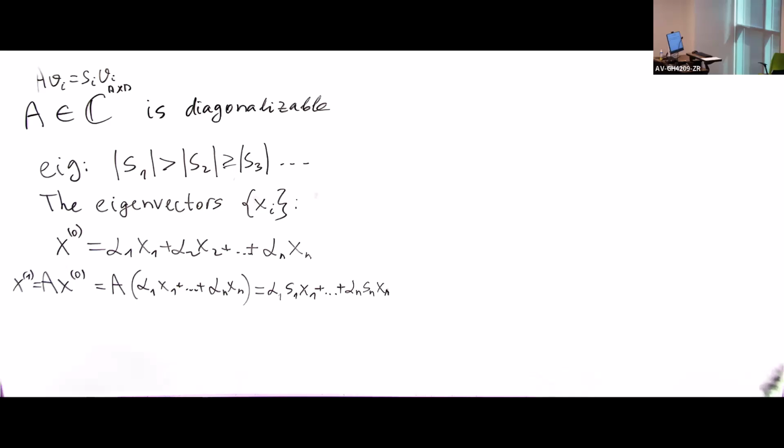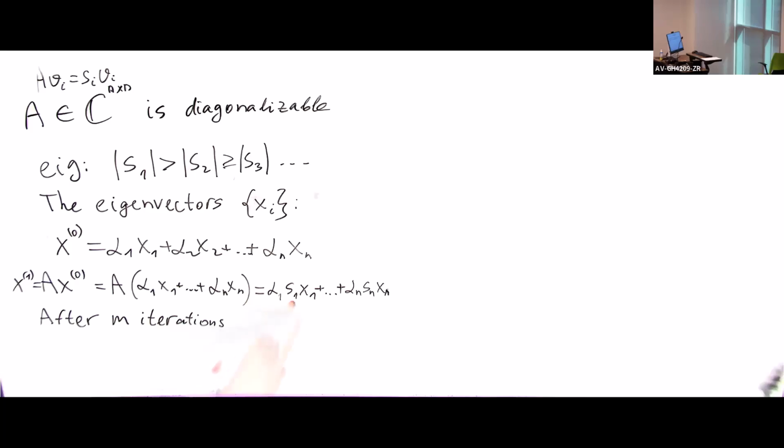So what happens after m iterations? This was the first iteration, now you repeat the same thing multiple times. So you again multiply that thing by A from the left. What will happen? This will stay the same. This will have a second power because you're again multiplying by S1.